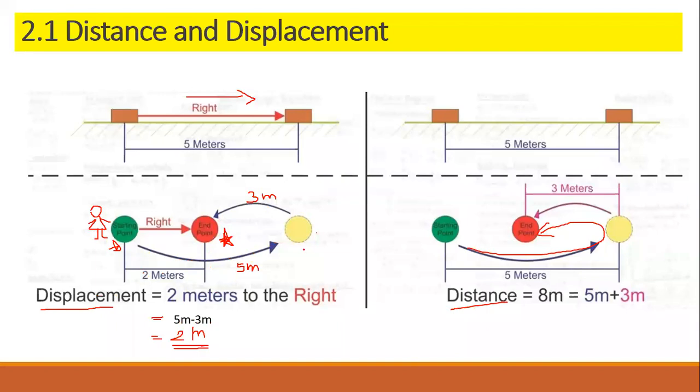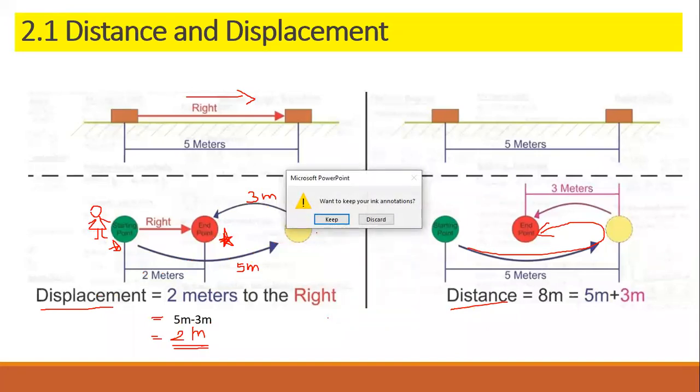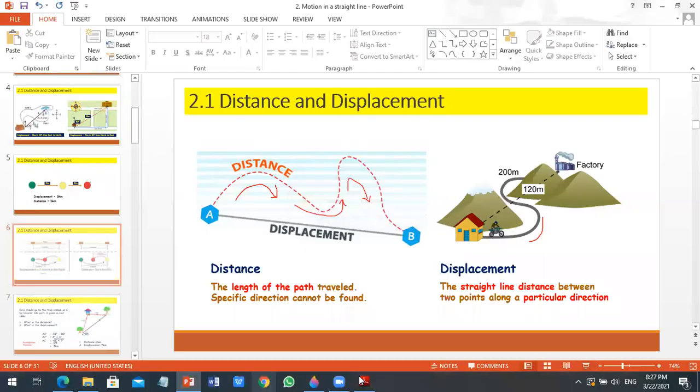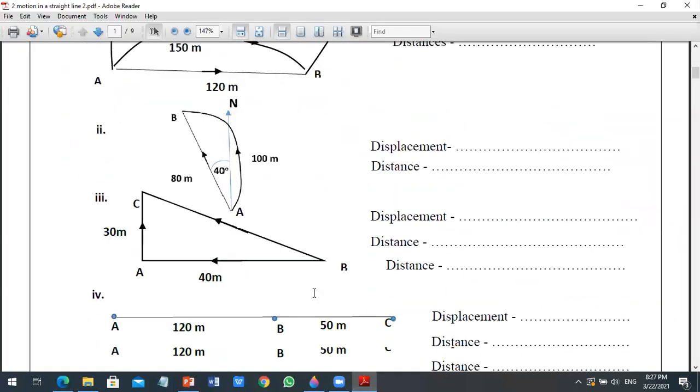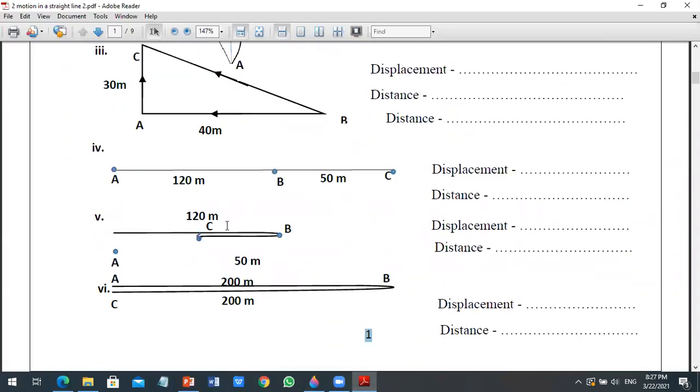Yes, teacher. So here in this PDF, you can answer those things. Here it is asked what the displacement and distances are once we are moving in the A, B, C direction.